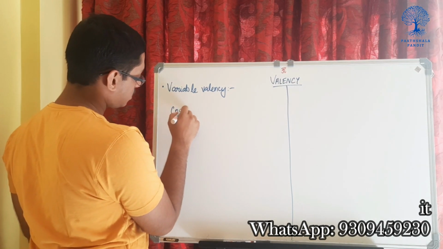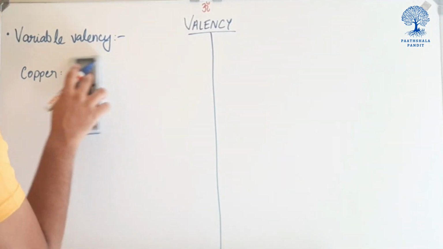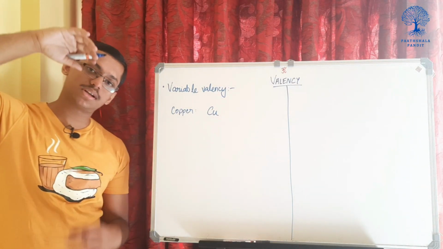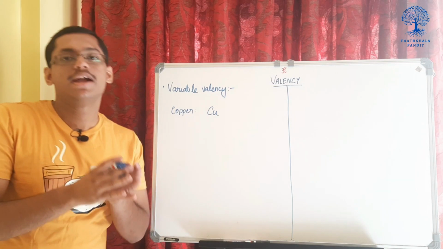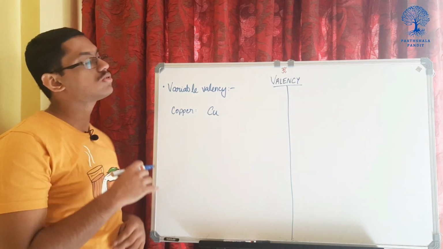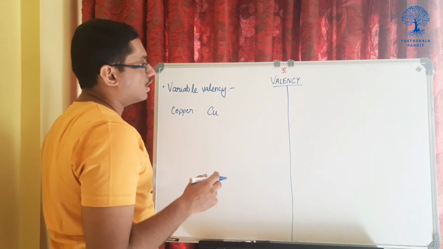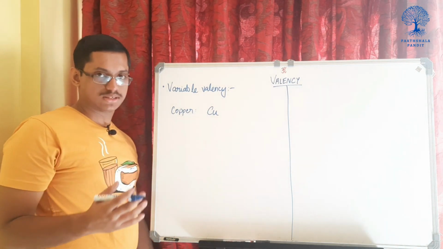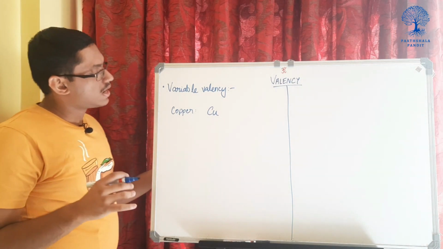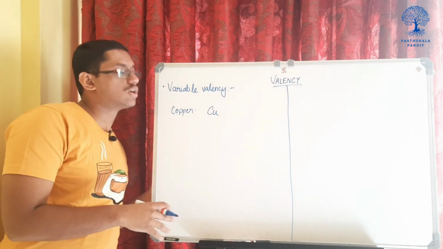Okay, copper, its symbol is Cu. According to different conditions, sometimes it gives out only one electron, sometimes it gives out two electrons. Just remember for now that it depends on the conditions.